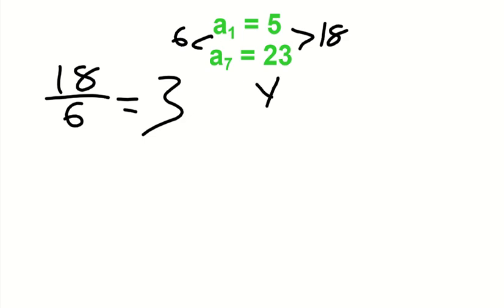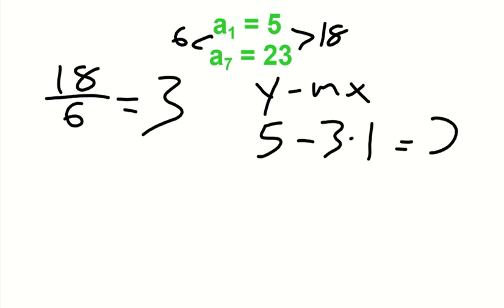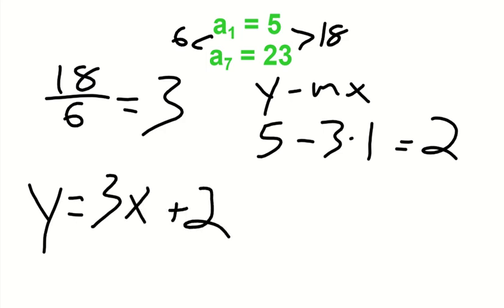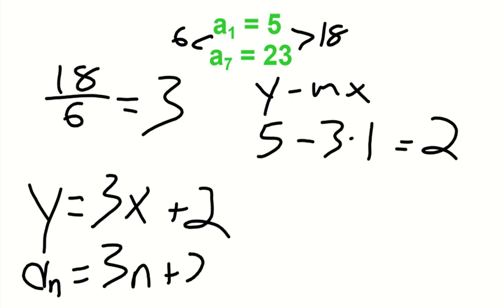If we do y minus mx to get the y-intercept, if I use that first one, my value is 5, x value is 1, that gives me 2. So we would have y equals 3x plus 2 if it was a linear function. With a sequence, we just change that to our a sub n equals 3n plus 2. Okay?